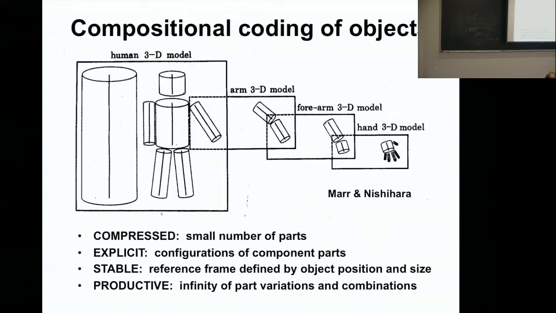If you've got the position of all your signals specified in relation to a spatial reference frame that is centered on the object instead of centered on the retina as visual information initially is, then you've got automatic position invariance across the retina, and given the variation that Anitha gave evidence for, you've also got size invariance, because if your reference frame changes size with the object, then the positions of things in that reference frame remain the same.